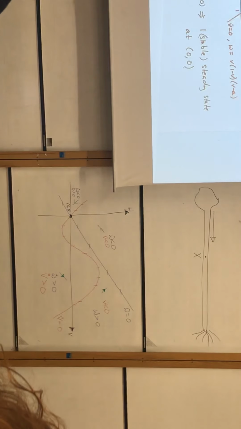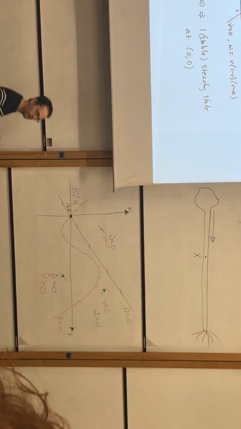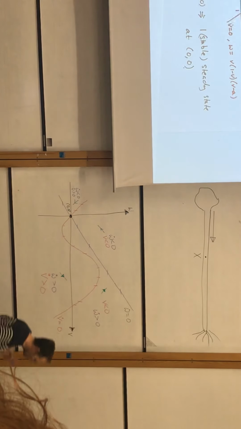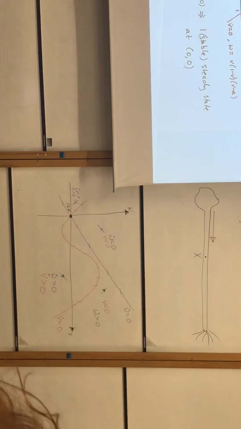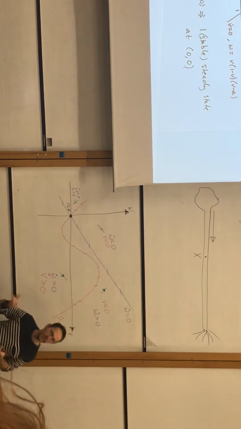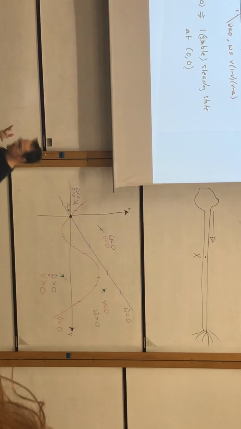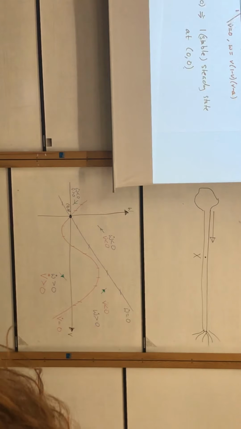Trajectories will be pointing down and to the right in this region. So we use all of that information on where V and W are increasing, decreasing, etc., and we can work things out accordingly.